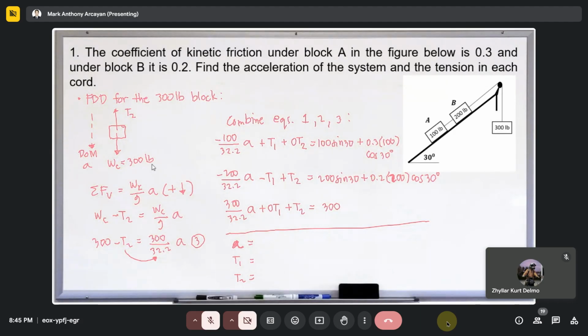And finally, the last equation: 300 divided by 32.2, then 0 for T1, 142, and the constant is 300.